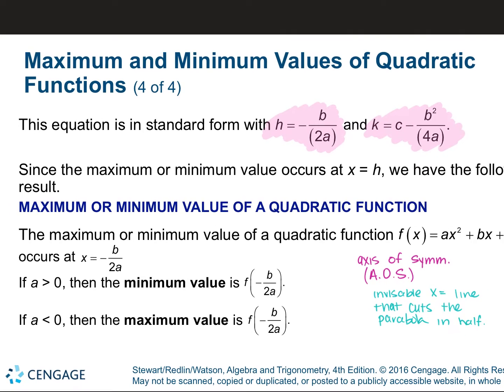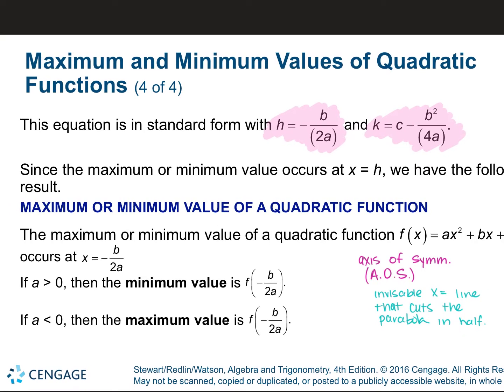If you're looking at a parabola that opens up, that axis of symmetry is literally going to be the invisible line that cuts the parabola in half. So whatever the x value is from your vertex is what your axis of symmetry is. So it's just x is equal to that h value. Okay.